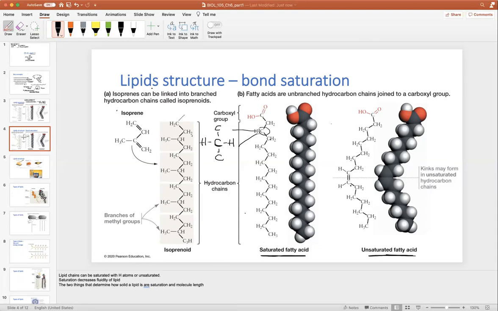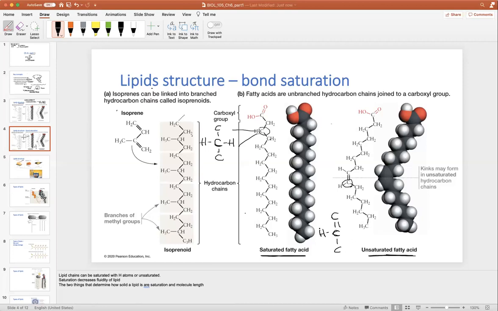Now, let's take a look at this carbon in contrast, okay? So I'm going to draw this carbon here. And then we see that it's got a double bond to another carbon. It's got a single bond to this carbon. And then it's also bound to a hydrogen. All right.